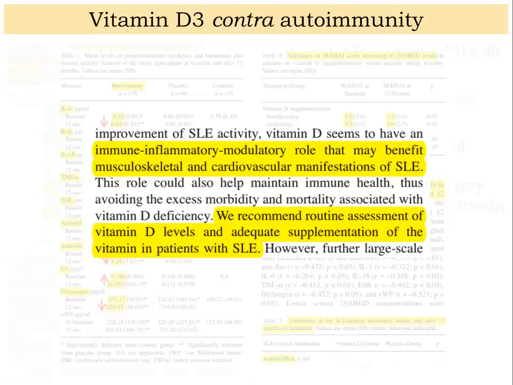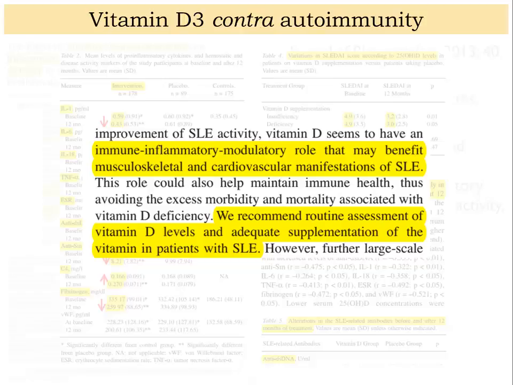So, not surprisingly, the authors concluded that vitamin D seems to have important immune inflammatory modulatory roles that may benefit musculoskeletal and cardiovascular manifestations of SLE, and, quote, "we recommend routine assessment of vitamin D levels and adequate supplementation of vitamin D in patients with lupus." Now, again, according to my work, we would suggest that 4,000 to 10,000 international units per day would be physiologically appropriate.